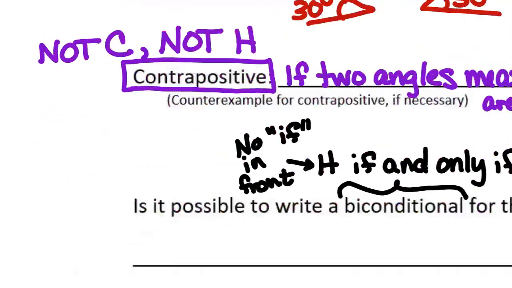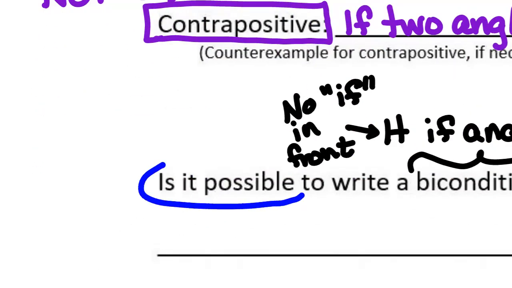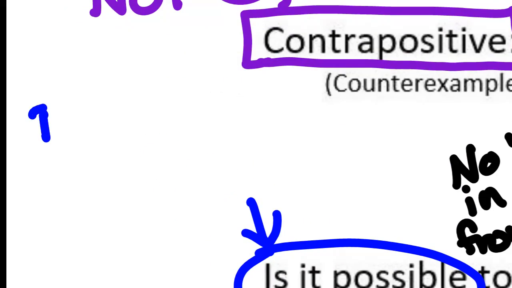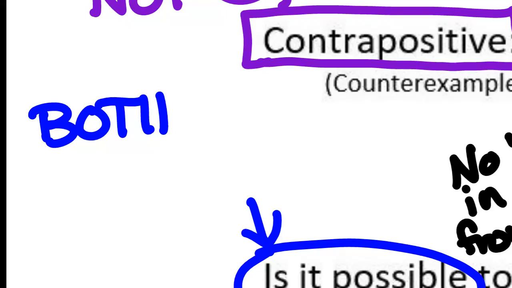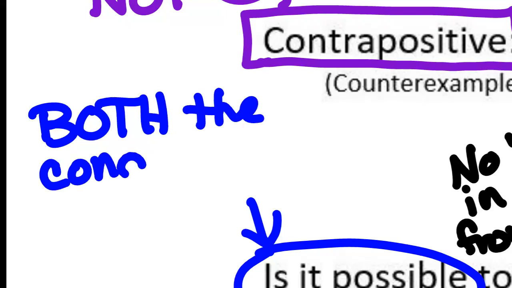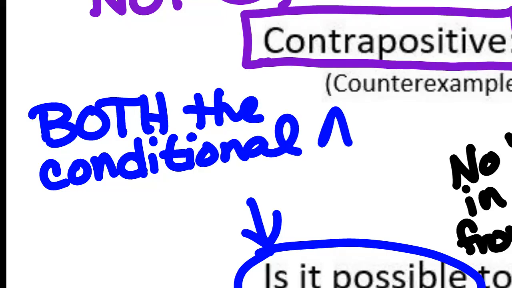Is it possible to do this? In order to write a biconditional, both the conditional and the converse must be true.